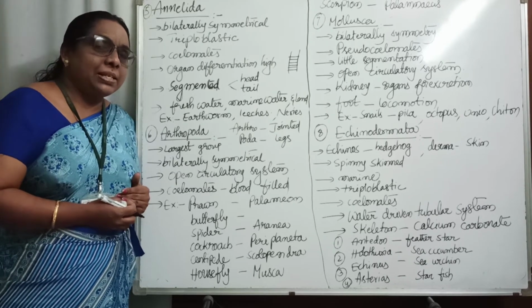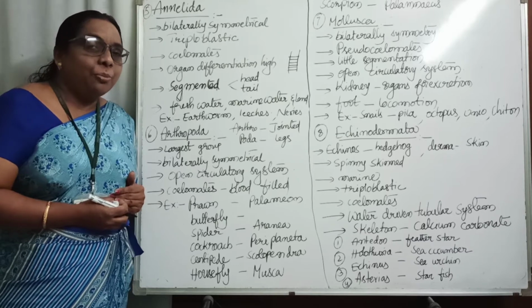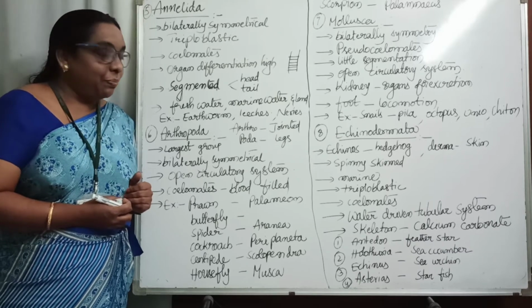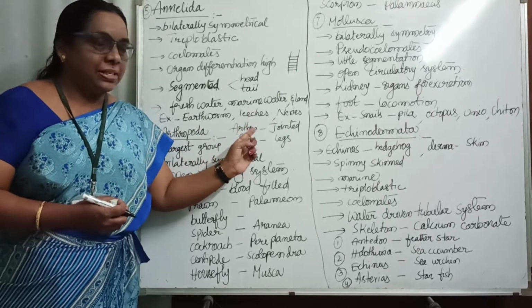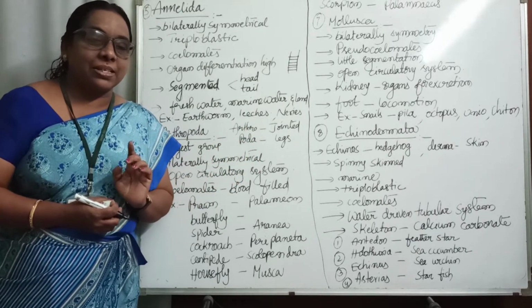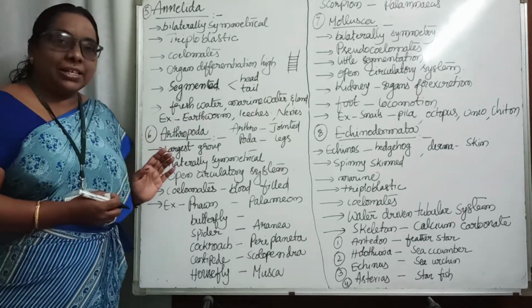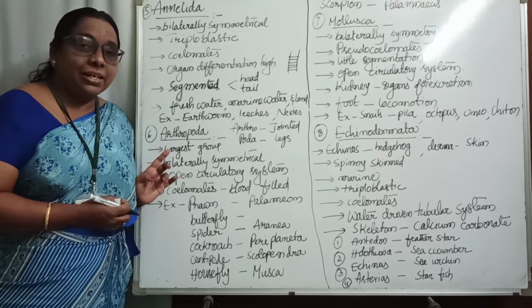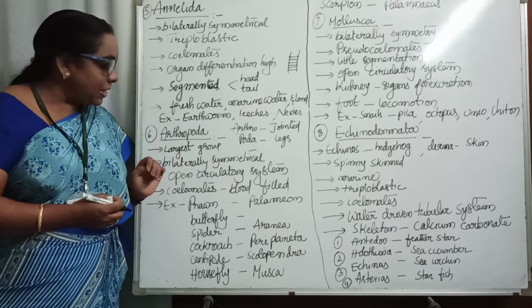All this terminology in biology is Greek, as well as Latin. Arthro means jointed, poda means legs. These organisms possess jointed legs. I said that this is the largest phylum out of the eight phyla.